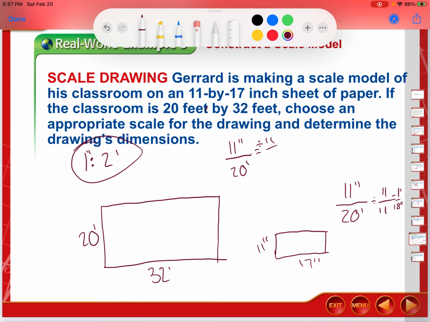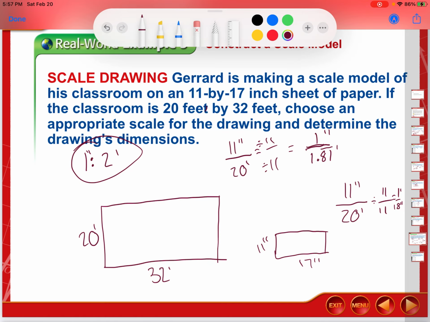So to do that, what I did is I divided by 11 on top and bottom, which gave me 1 on top, because 11 divided by 11 is 1. So that would be 1 inch to 20 feet divided by 11, which would be 1.81 repeating feet.